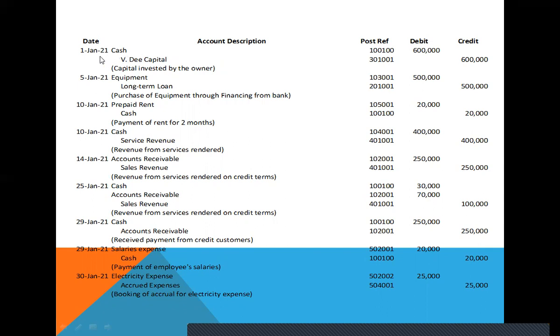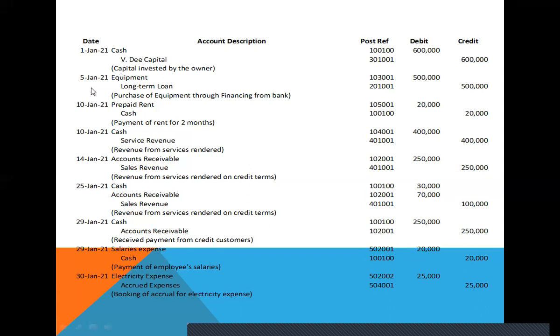Okay, so on January 1st, 2021, capital invested by the owner. So that is debit cash of 600,000 pesos. You credit capital of 600,000 pesos. And then you put an annotation so that you would immediately know the type of the transaction.